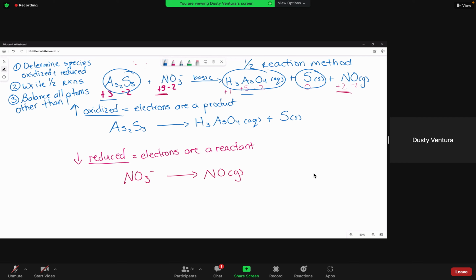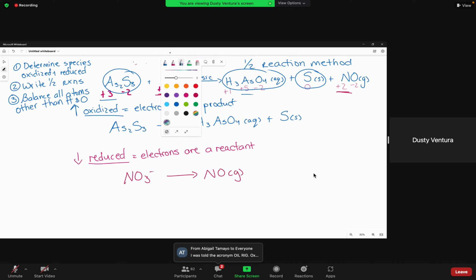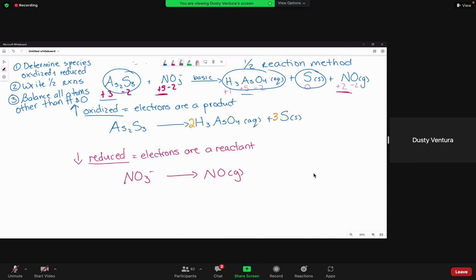Those get their own process. So I need to take care of my sulfur, and sulfur needs to have 3, and my As needs to have 2. So I have balanced my As and my sulfur. And on the bottom, my nitrogen is chilling, so I'm good.